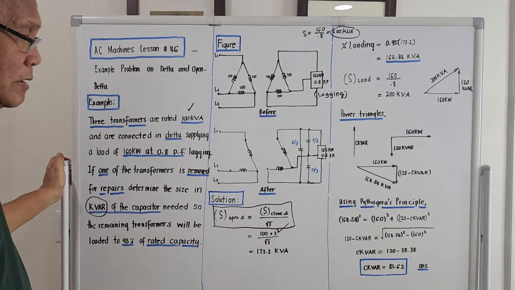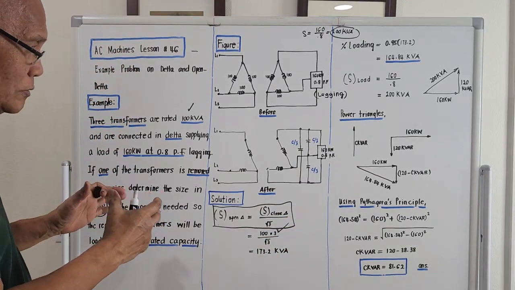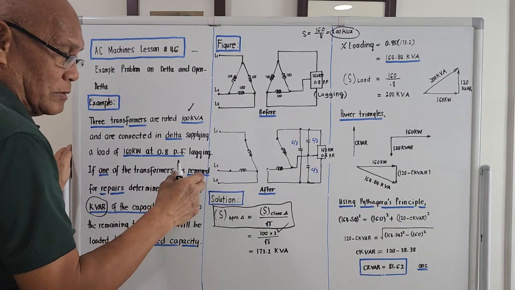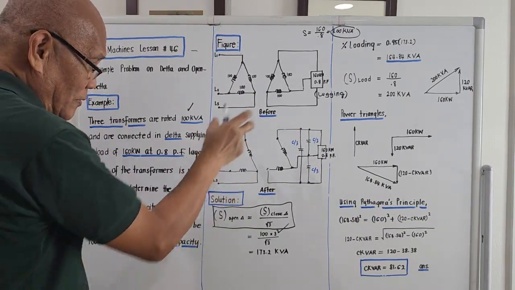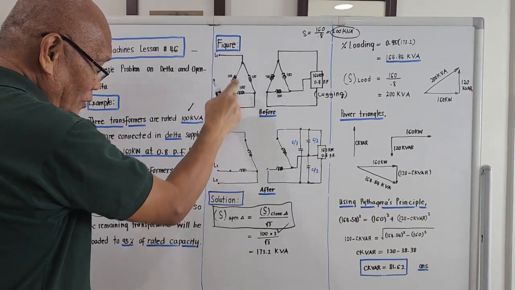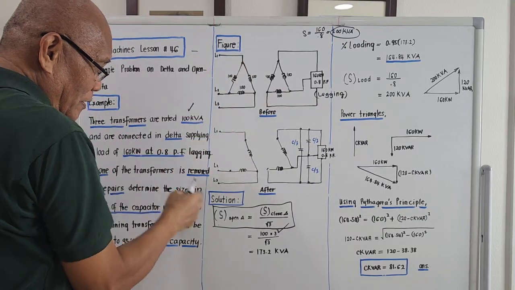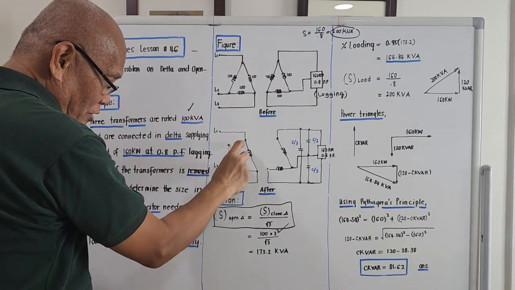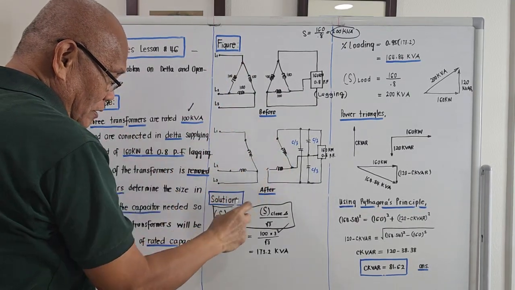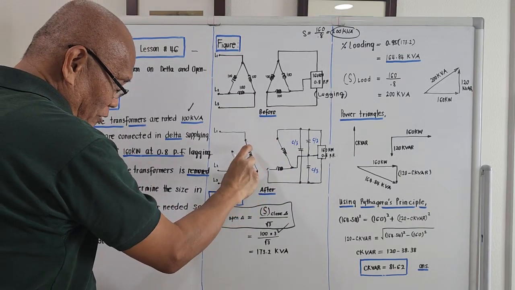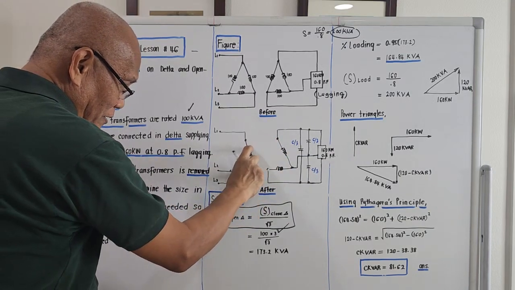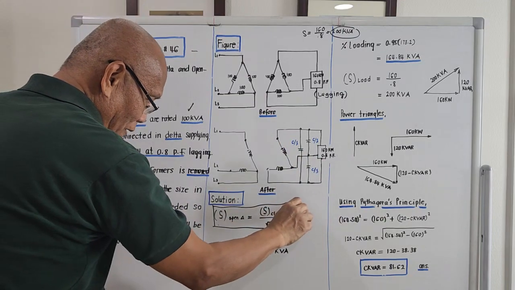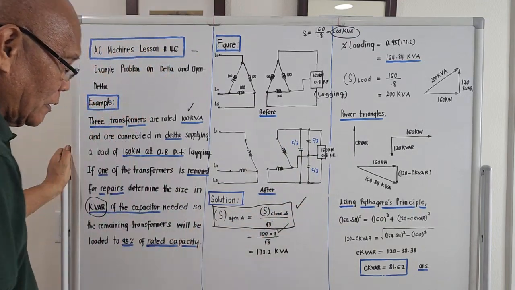If we now change the connection from a closed delta to open delta because one of the transformers is removed for repair, this is open now. The total apparent power that could be carried is given by this equation here.